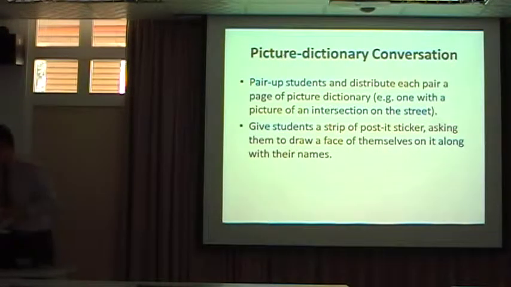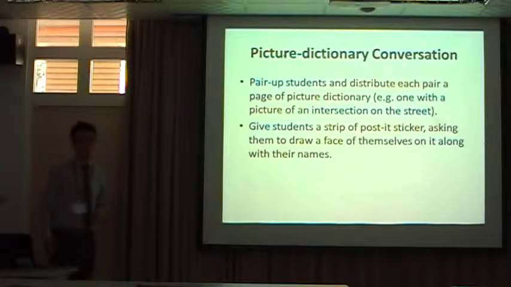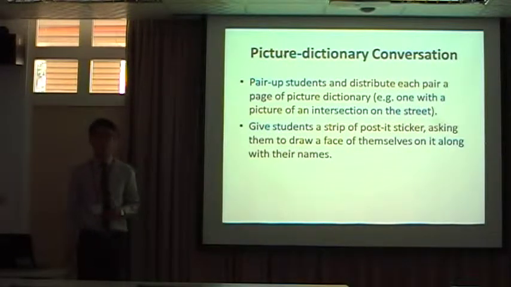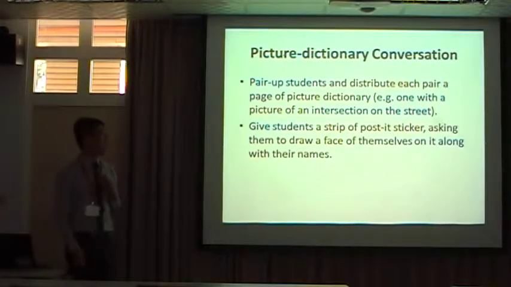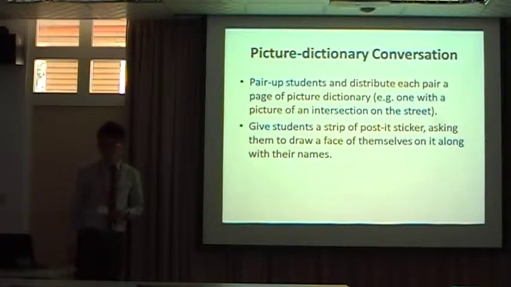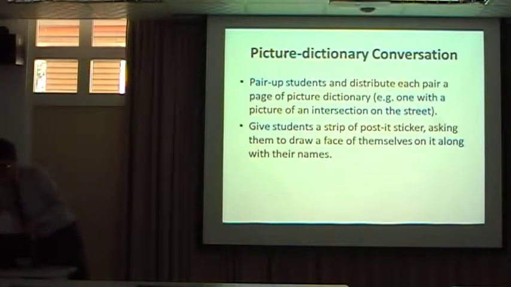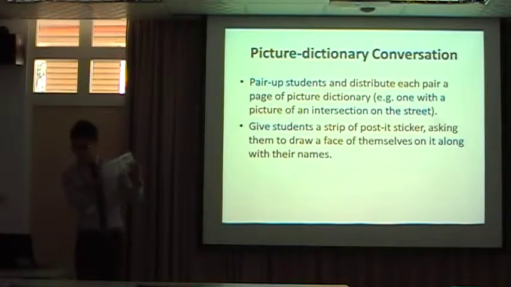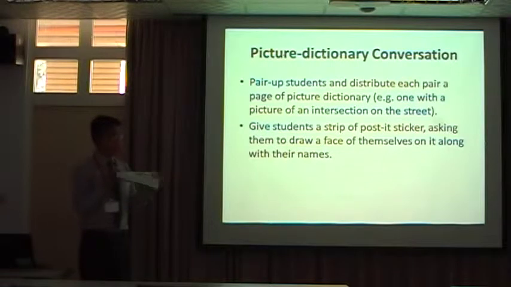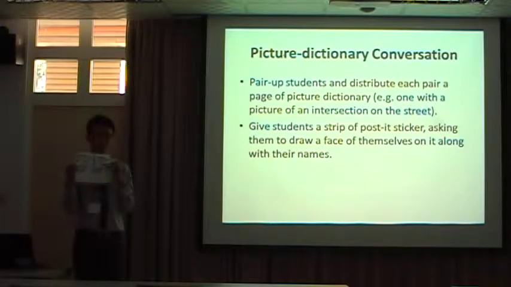And for the second one, the picture dictionary conversation. This activity is quite easy and quite interesting for students and also for myself. We just paired up the students and gave each pair a page of a picture dictionary, such as this one. This is a picture dictionary about an intersection on the street.